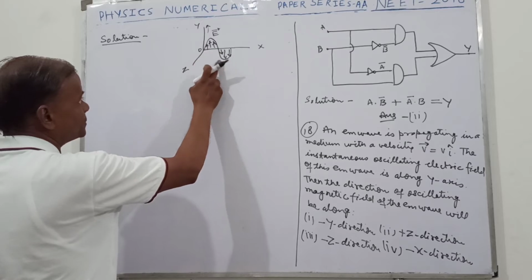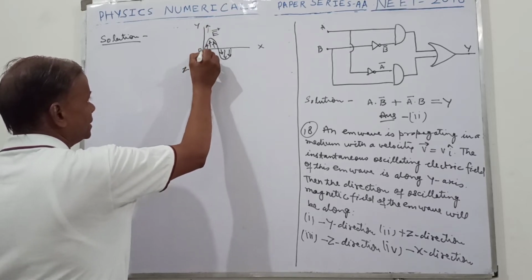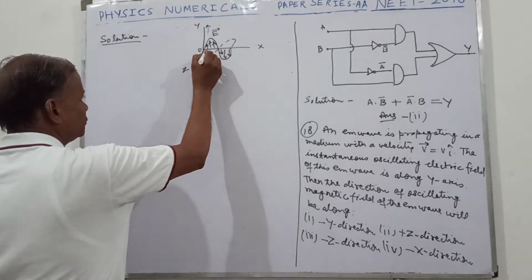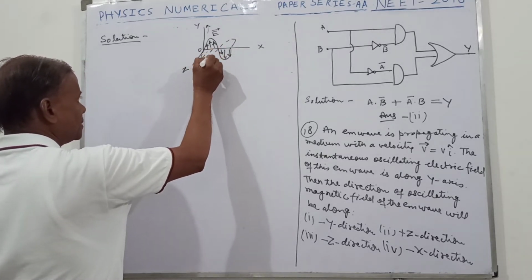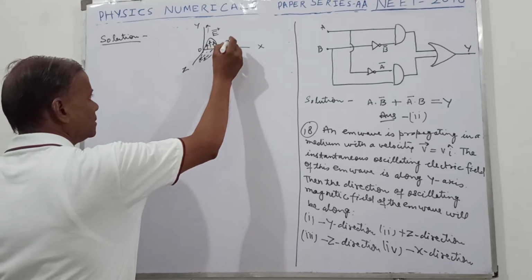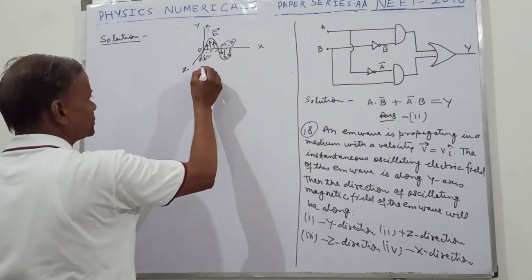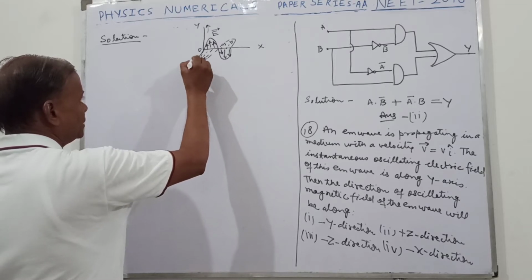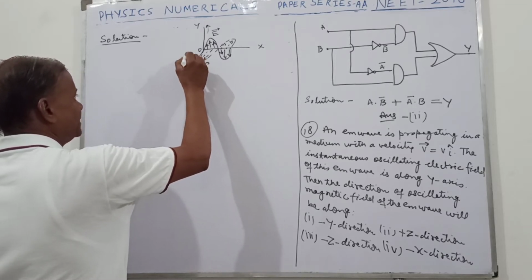You are seeing the vibrations parallel to the y-axis, and then parallel to the z-axis, like this. So this is your vector B, that is along the z-axis.